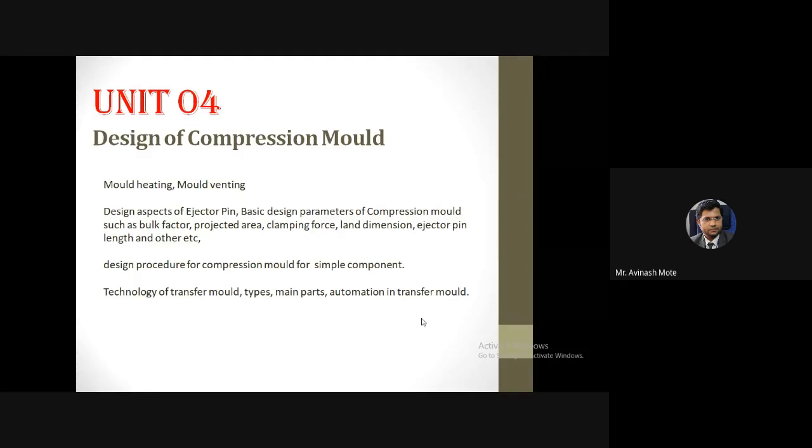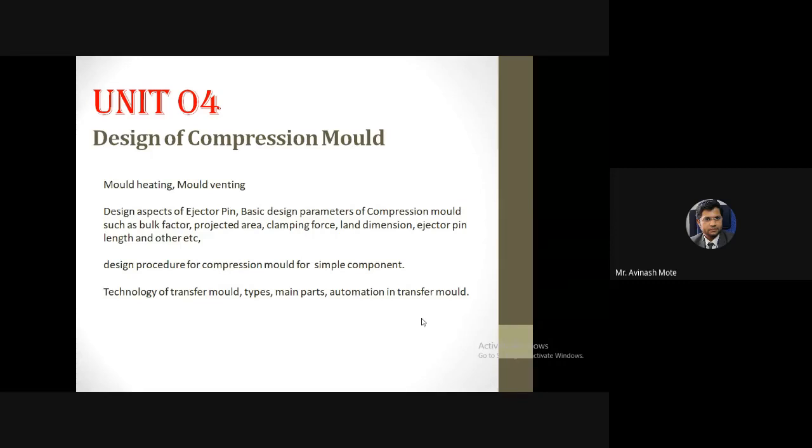But we are going to consider the pressure only at the locations or components where its intensity is considerable. Where there is a considerable effect of that particular parameter, there only we are going to consider it. So with that perspective we are going to design the mold and the component.